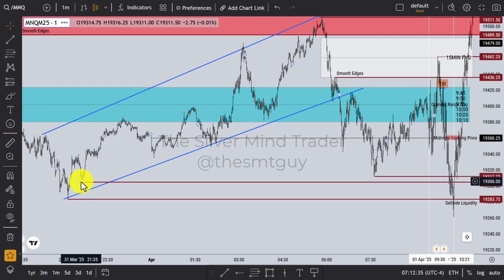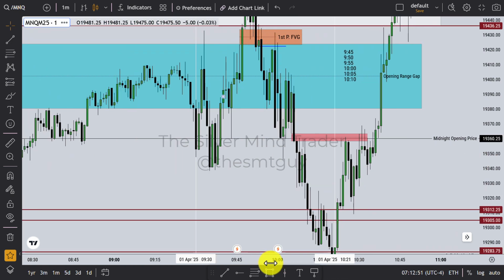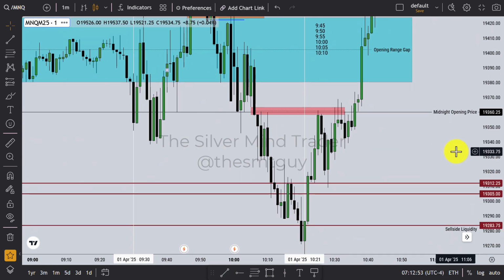You have 80,000 people putting a $1,000 stop loss here. Imagine some that put here, some that put here, some that put here. So imagine how many trillions of dollars altogether that will be put there.